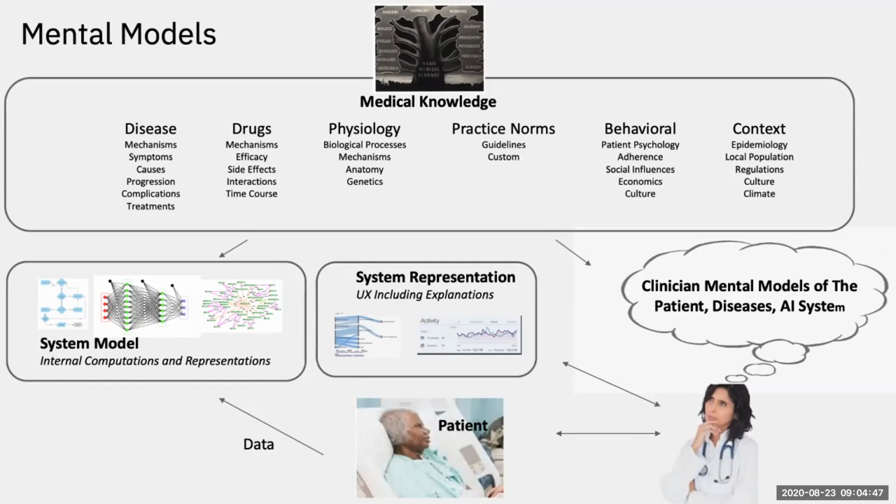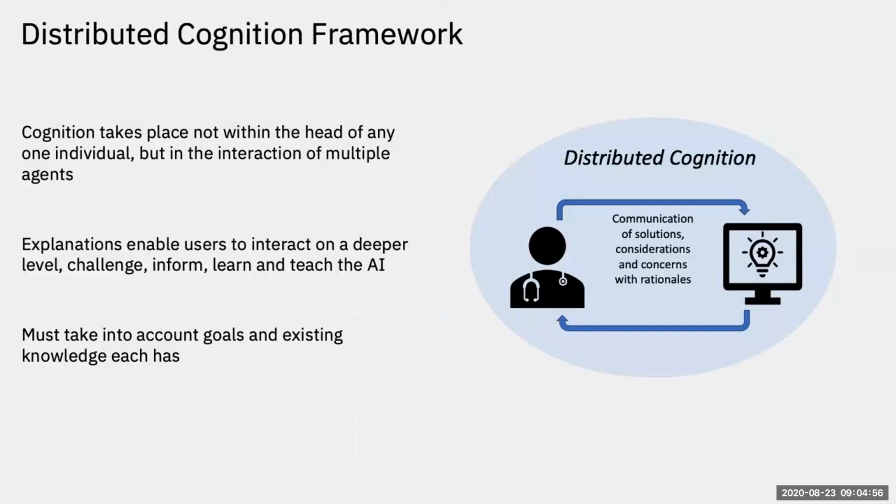And explanations are thus a requirement that help the clinicians build the bridges and complete the mental models. Thus, going back to our theory, this can be thought of as a distributed cognition framework, and usually this can be iterative, where in an ideal setting, the explanatory display or the explanatory model should be able to provide enough information to the end users for them to help build this in the end.